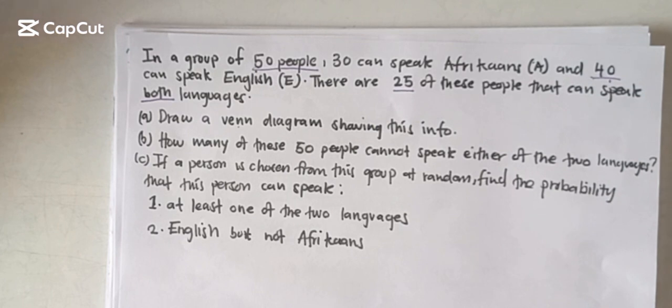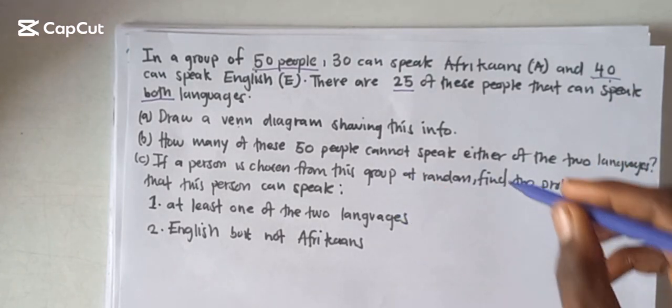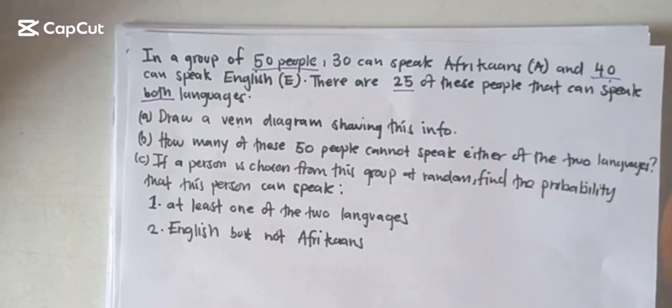They say, how many of these 50 people cannot speak either of these languages? So these kinds of people cannot speak either of these languages. This one I think is the new one for you, but it's still the same thing. This is the complement of the word neither, it's the opposite.